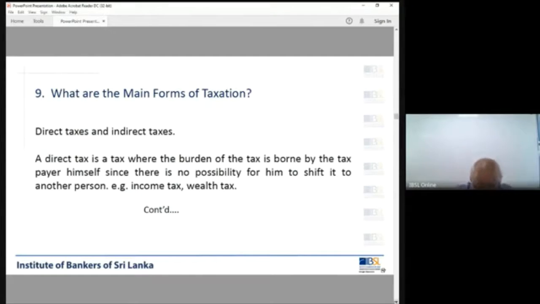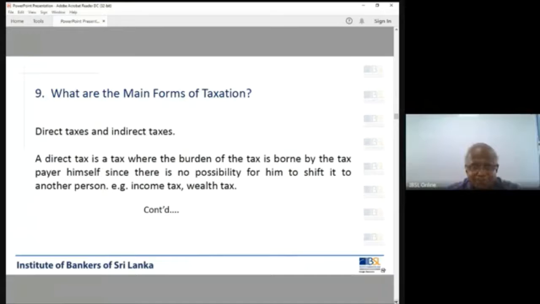I have a question. Which component is higher of the total tax revenue? Which is higher, direct taxes or indirect taxes? Tell me. Indirect tax.